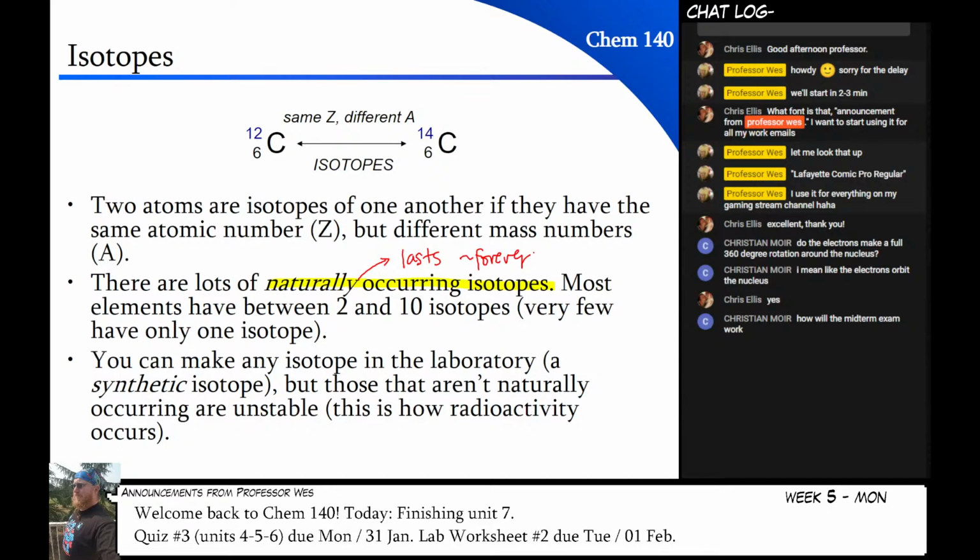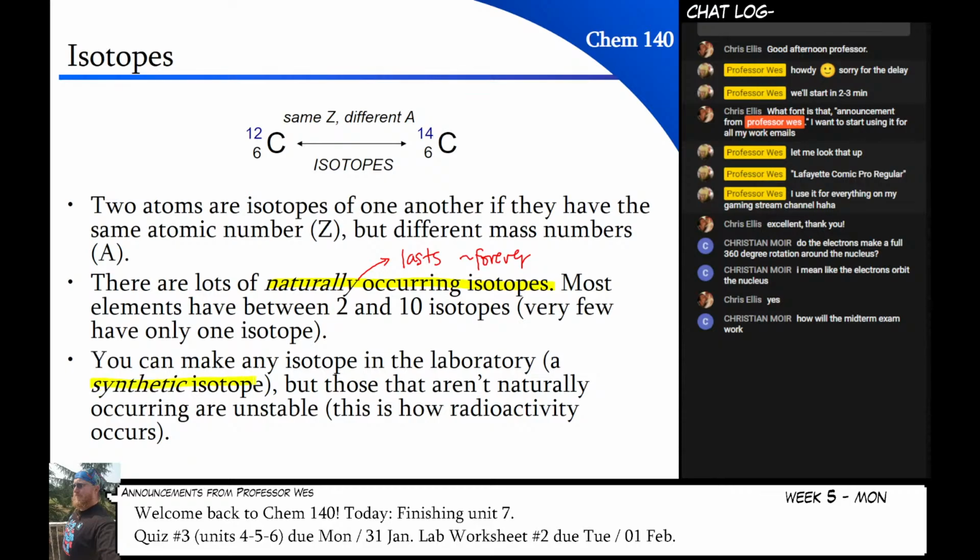Most matter on Earth essentially lasts forever. So like the iron that's in the ground, or the silicon at the beach, or the oxygen in the air that you breathe, those are isotopes of those elements that last forever. Now, it is possible to create a synthetic isotope that does not last forever.